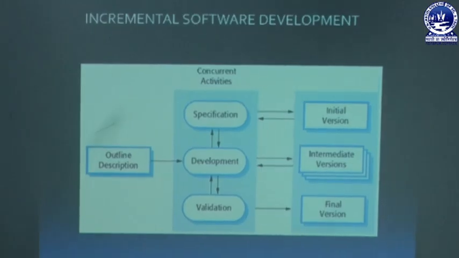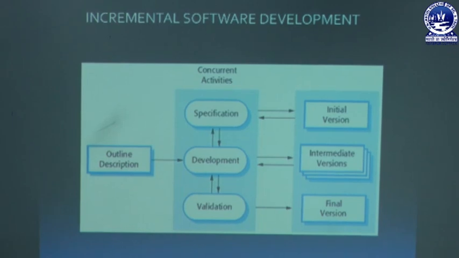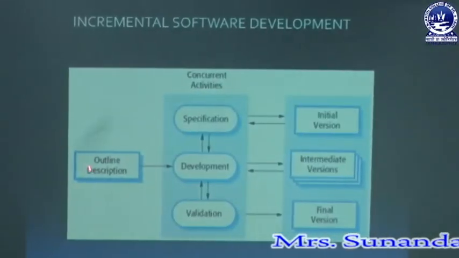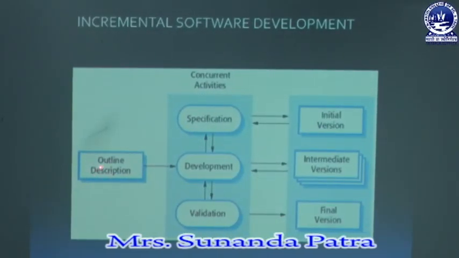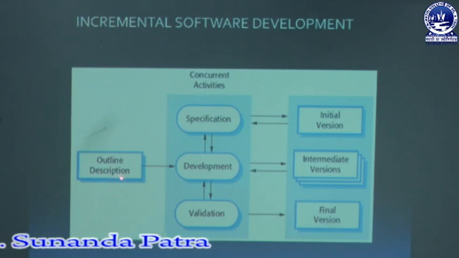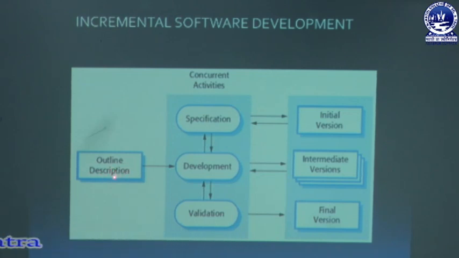So let's have a look into incremental software development. In incremental software development, first we have to write an outline description. Here we specify the functionalities and services that our software is going to deliver. In the outline description, we prioritize all the requirements and then go for the first priority.